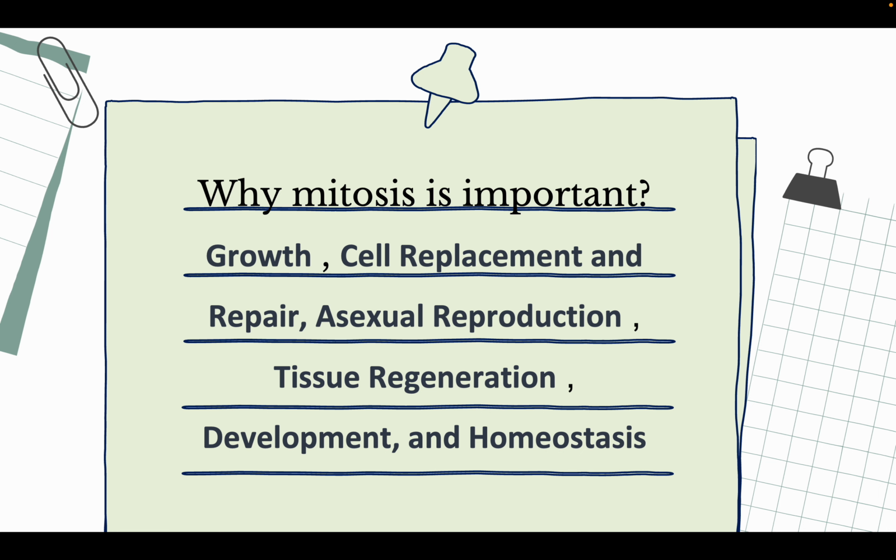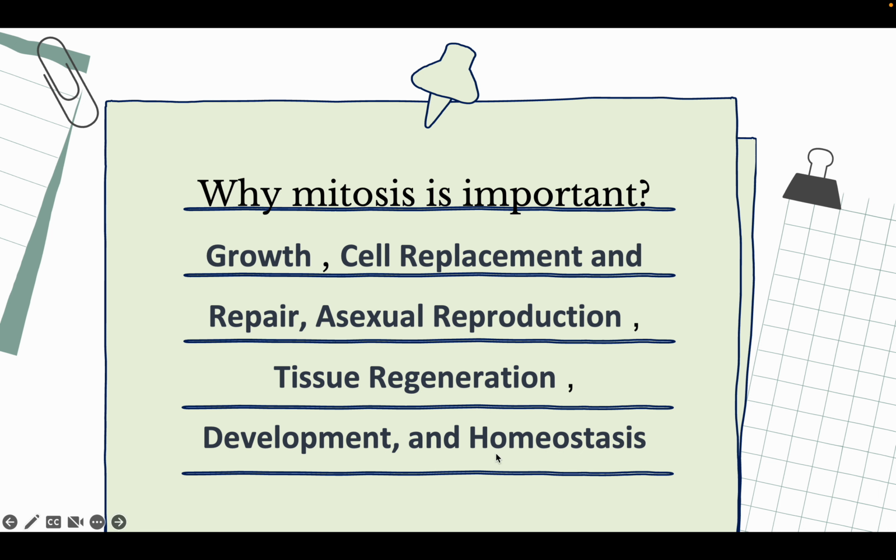So mitosis allows them to regrow lost body parts such as their limbs or their organs for regeneration. Next, we have development. During the development of multicellular organisms, mitosis ensures that the organism grows and forms into its correct body structures. It allows for the controlled increase in cell numbers at specific developmental stages.